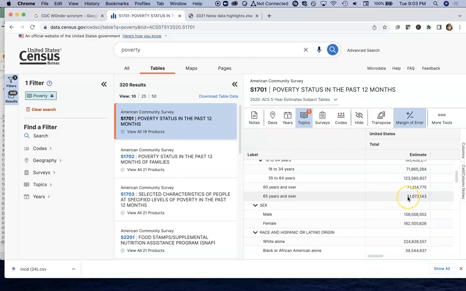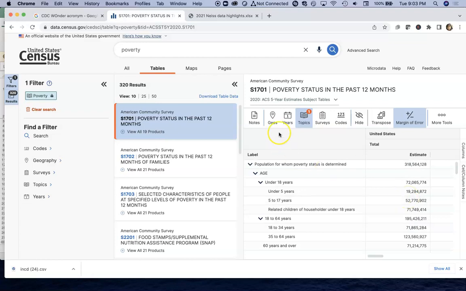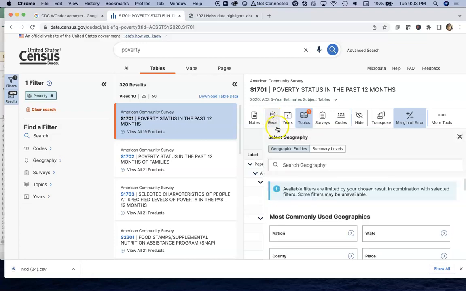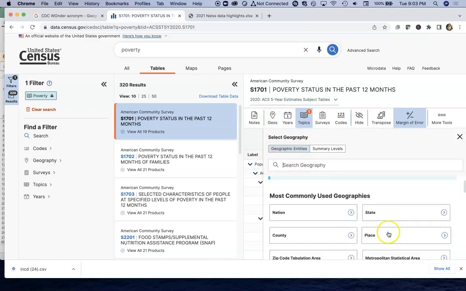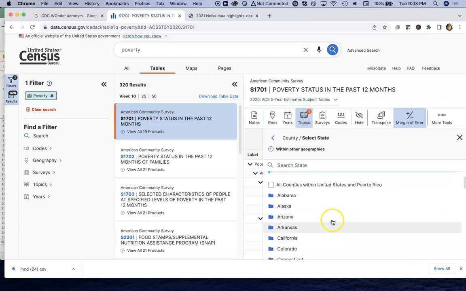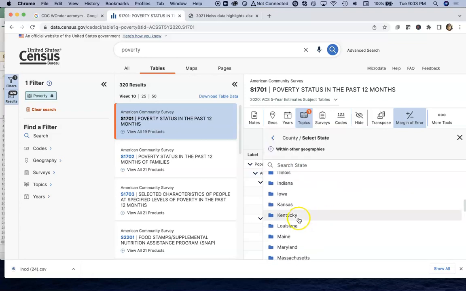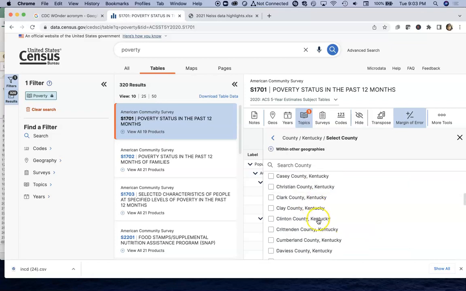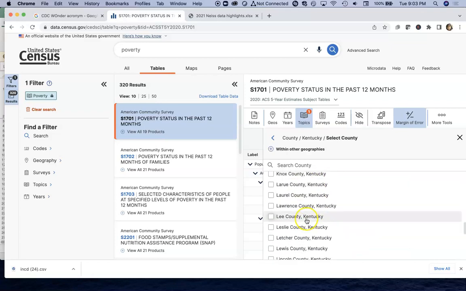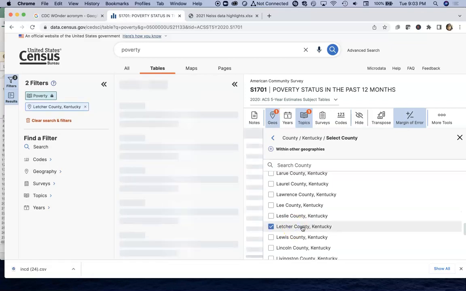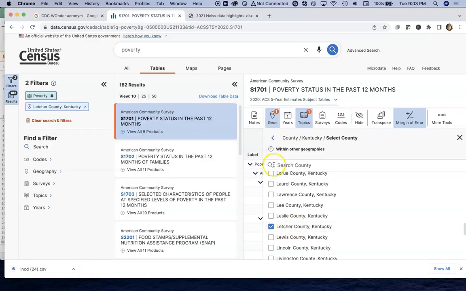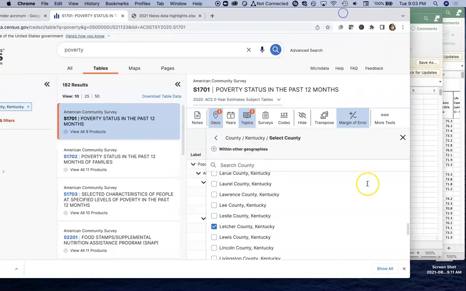You can break it down by various geographies. So if you want to look at a state or a county, you can look at the counties within Kentucky. If we're interested in something like Madison County or Lee County or Letcher County, it'll give us the poverty status in the past 12 months.